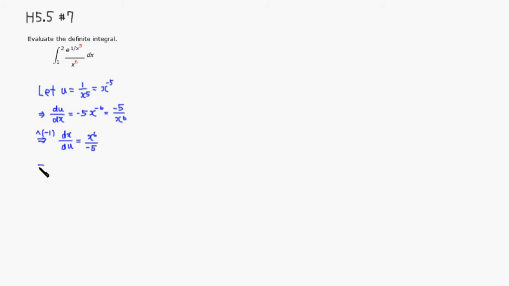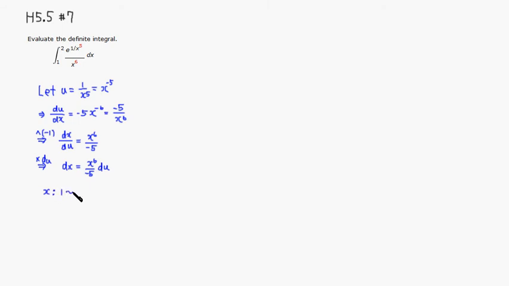Then multiply both sides by du to get dx is equal to x to the 6 over negative 5 times du.